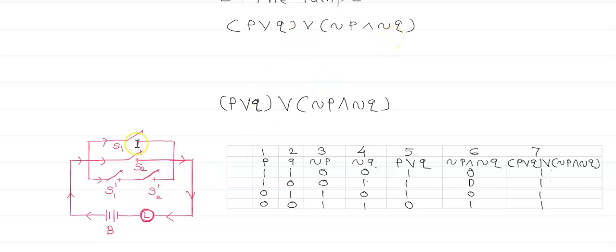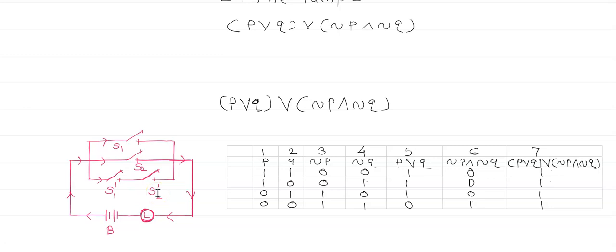Again they are in parallel with this S1 and S2, but negation of P and negation of Q are in series, because there is the AND connective. That's why we write S1 parallel to S2, and parallel to S1 dash and S2 dash. Now we'll construct the table.